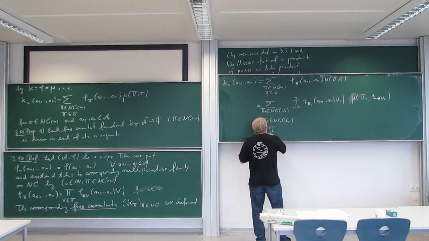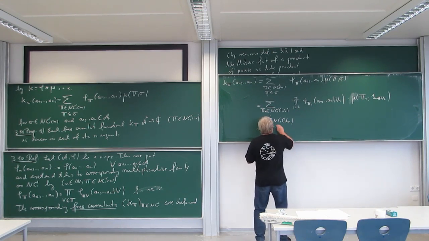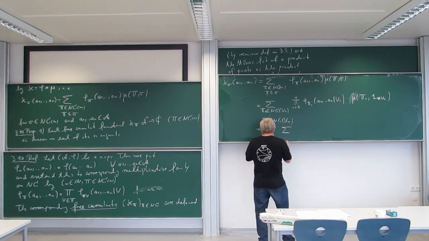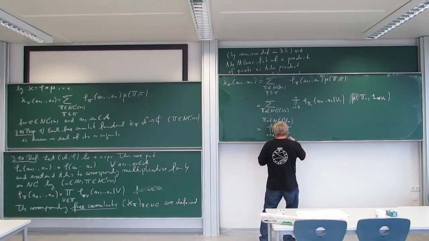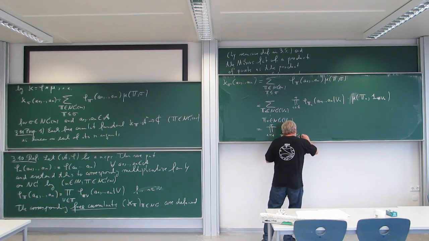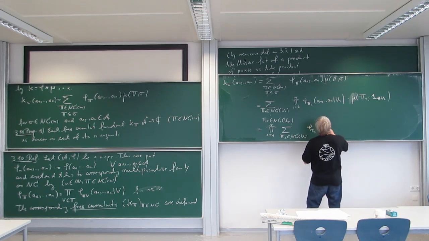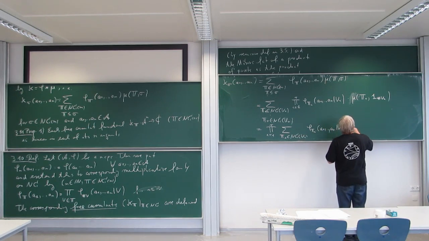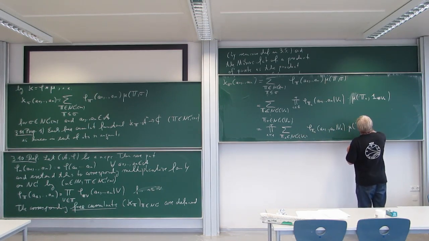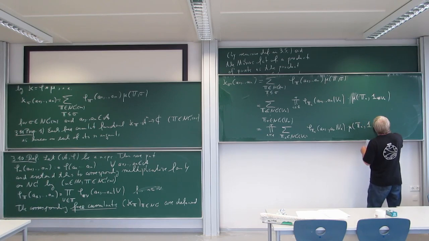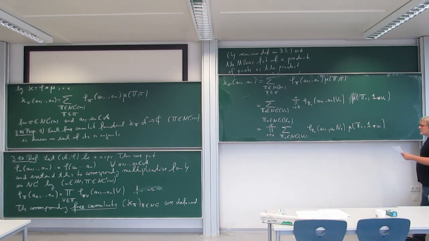I'm taking the product over all those terms, and for each of them I have a sum where I'm summing over pi i, a non-crossing partition of Vi, and the contribution here which I have is just this phi of pi i of a1 to an restricted to Vi, multiplied with the Möbius function of pi i up to the second argument, which is 1 of Vi.